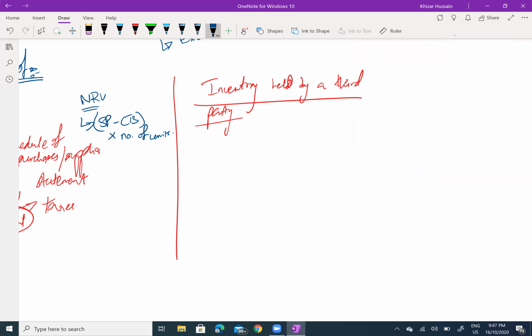And again, guys, one thing, when we talk about inventory, it's an account balance, so all the assertions apply. In an exam question, I'll tell you how to link the assertions with the procedure. And obviously I'll tell you more procedures as well, so that you can open up your mind. Okay. Now, what I want you to tell me is, what procedures can I apply if there's a third party warehouse in which my inventory is being held?